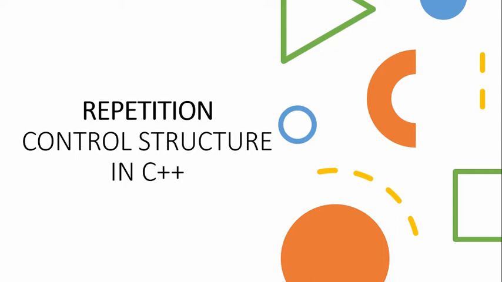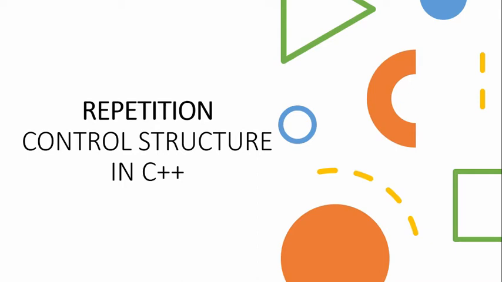So in this chapter, which is the repetition structure, we will discuss how repetition is incorporated in the program. I will tell you why repetition is important for our program.